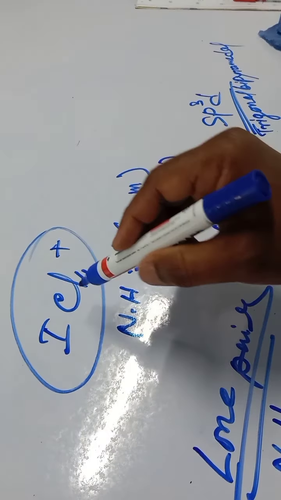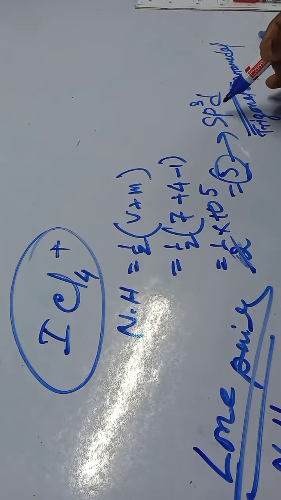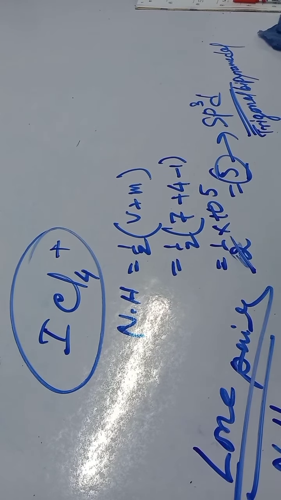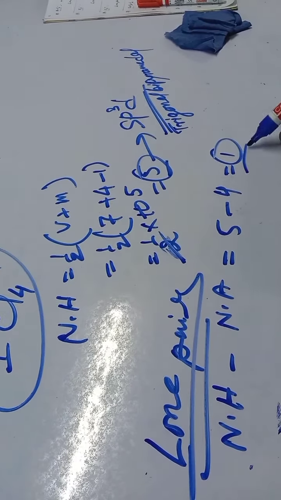For this particle, the hybridization is sp3d, trigonal bipyramidal, and the number of lone pairs is 1.